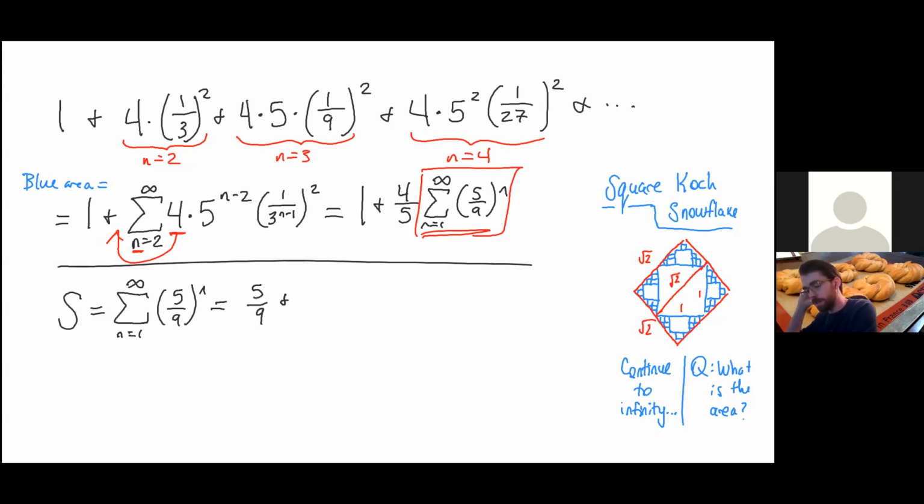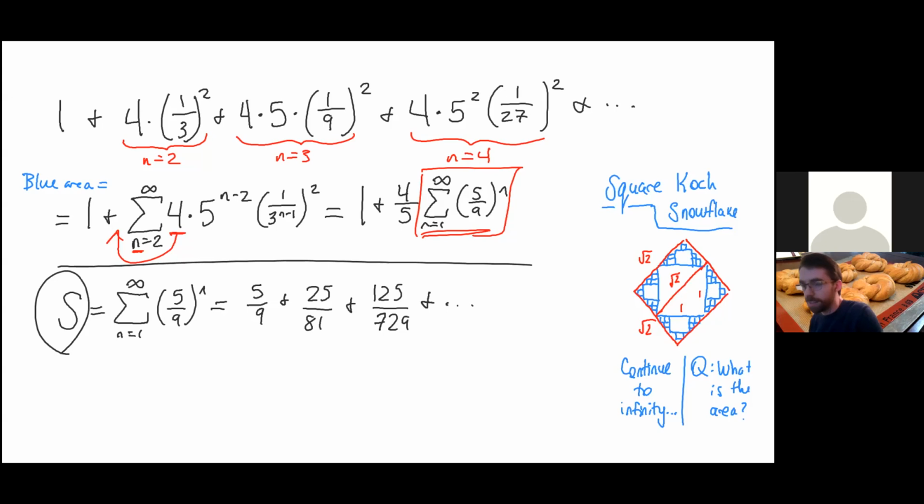For the n equals 2 term, I get 5 squared over 9 squared, just 25 over 81. And then for the n equals 3 term, I get, well, these get big very quickly, but that's 125 over 729. Okay, so that's what that sum looks like.